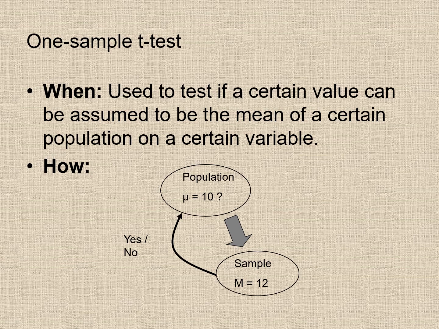From this population, we have a sample, and in the sample we do calculations. In this example, we get a sample mean of 12. And from these calculations, we estimate, could the population mean be assumed to be 10? Yes or no?